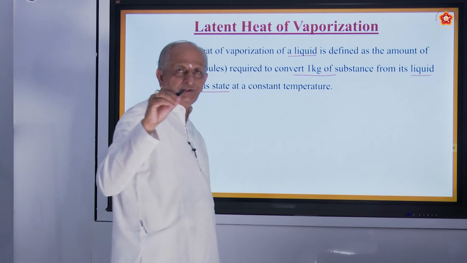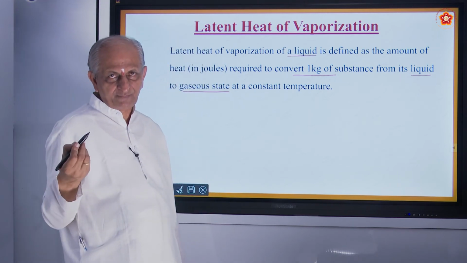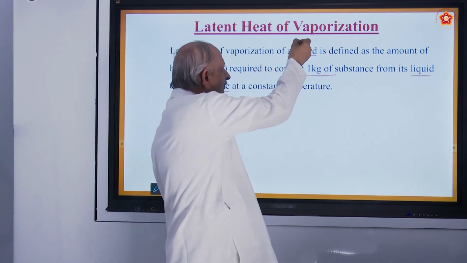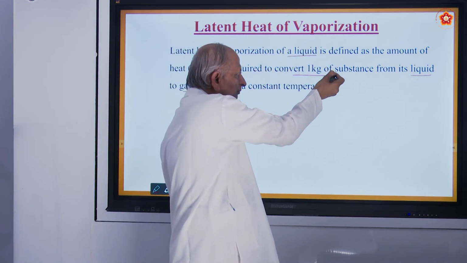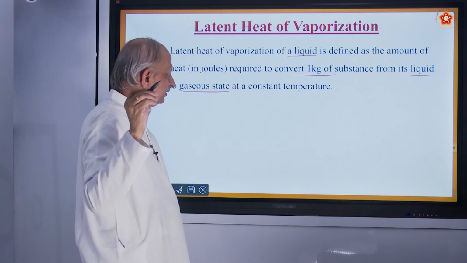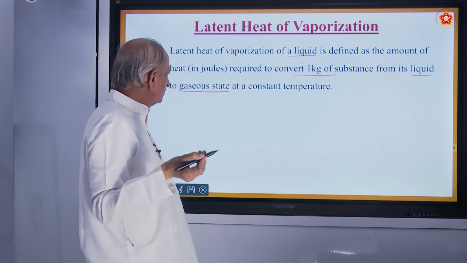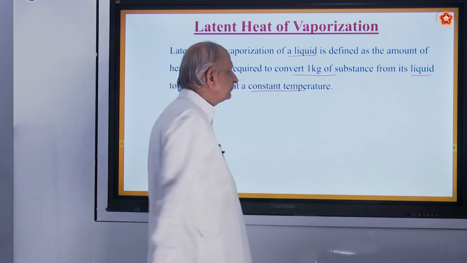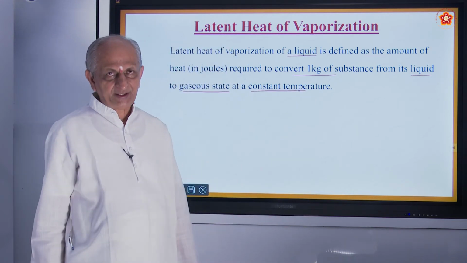There it is solid to liquid in the fusion of ice. Here it is vaporization, meaning 1 kilogram of the liquid to gaseous state at constant temperature, without rise in temperature.